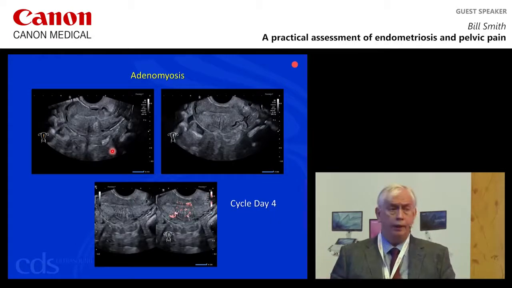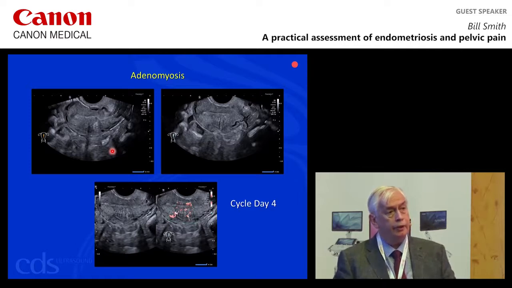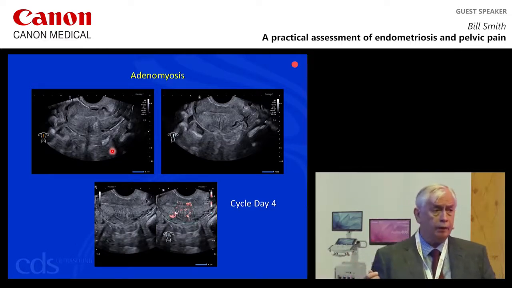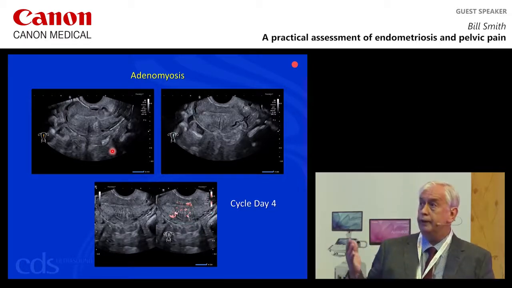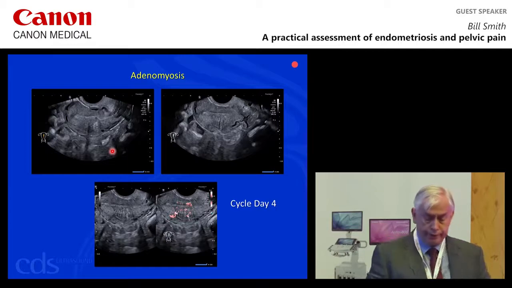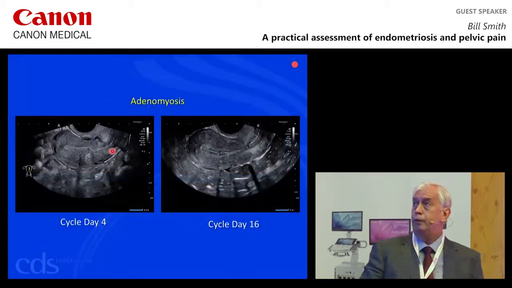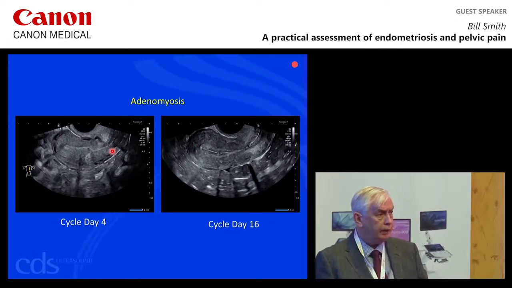Now, an interesting feature, well, it's logical when you think about it, of adenomyosis is that if you have good grayscale and you look at the myometrium, obviously you can see the changes there. But if we compare those changes halfway through the cycle, they aren't there.